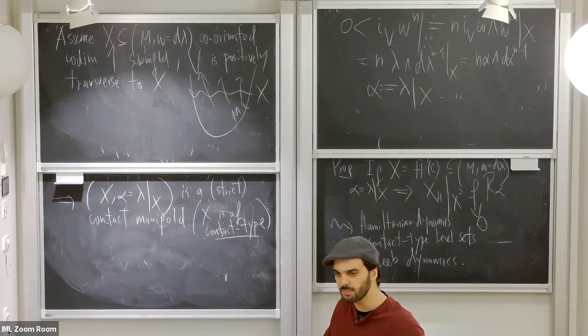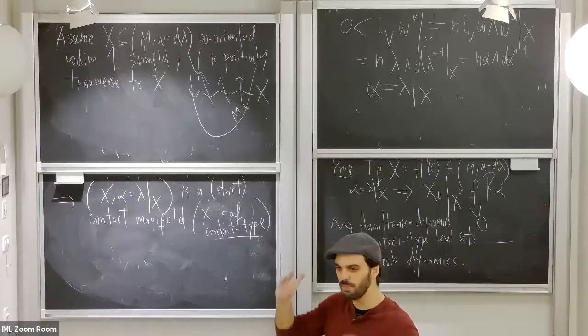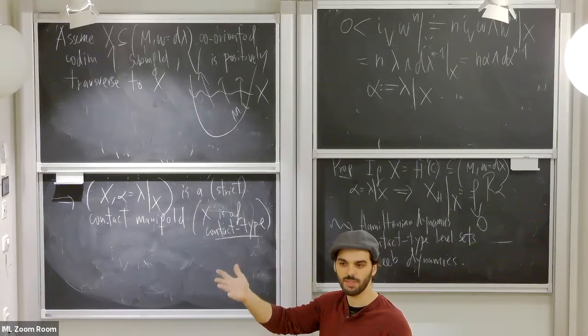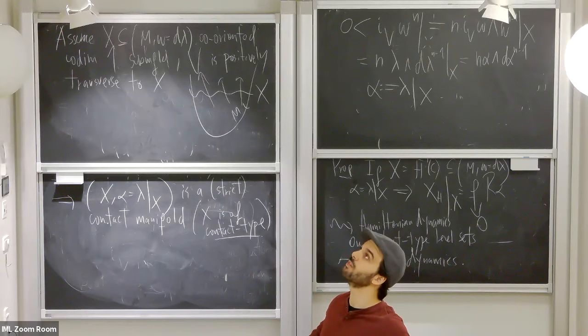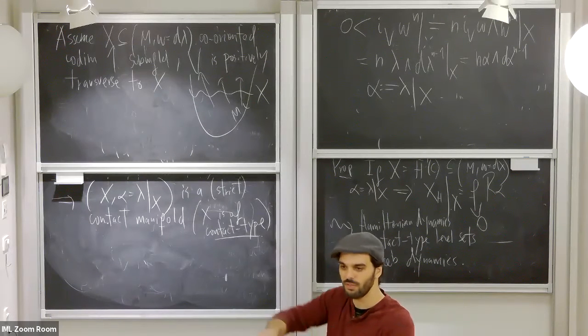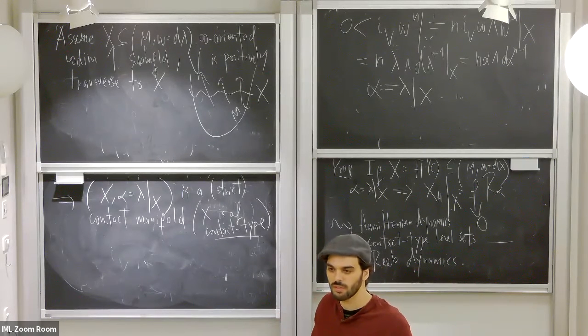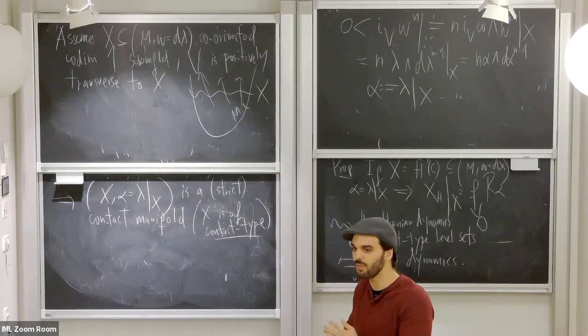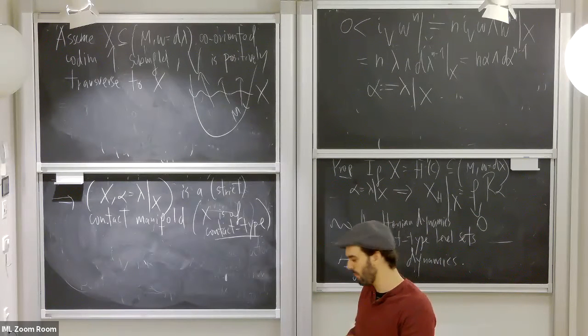As much as possible means the dimension of the submanifolds is bounded by half the dimension minus 1. If you are 2n minus 1 dimensional, it's n minus 1. So in a 3-manifold, the Legendrians are 1 dimensional. Okay, so that's what you mean when you say maximum.